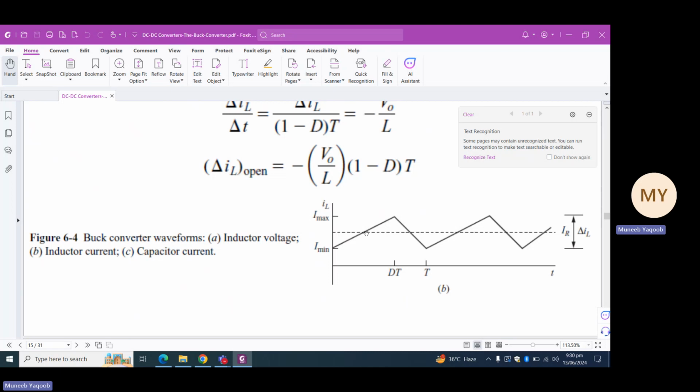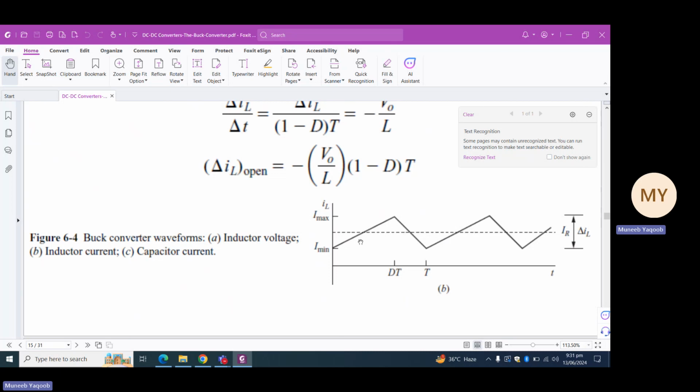we can say that the maximum current is equal to the current IL plus delta IL upon 2, because you can well imagine that the current that is above the dotted line is basically the current delta IL whole divided by 2.